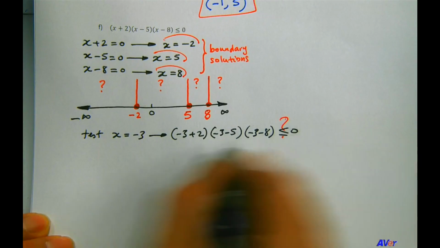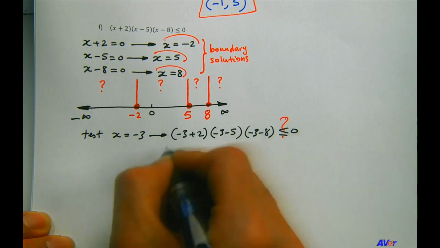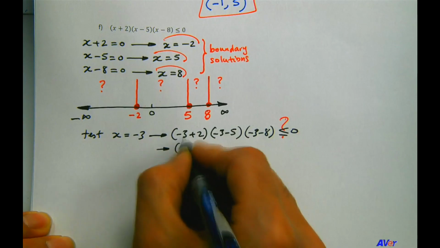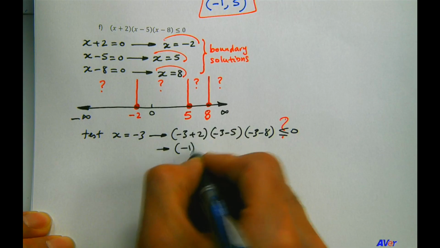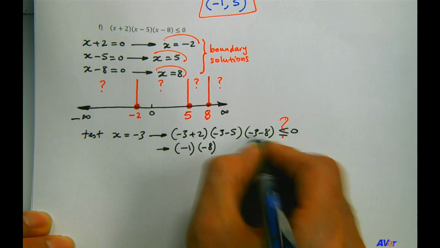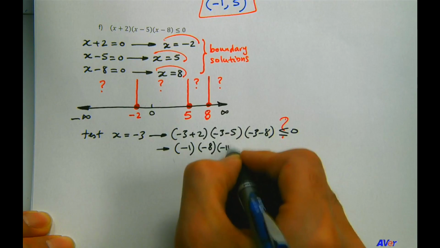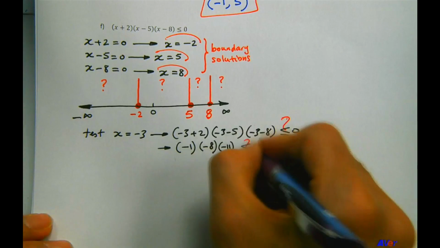Okay, so what do we have? -3 plus 2 is -1. -3 minus 5 is -8. -3 minus 8 is -11, less than or equal to 0. We're asking that.